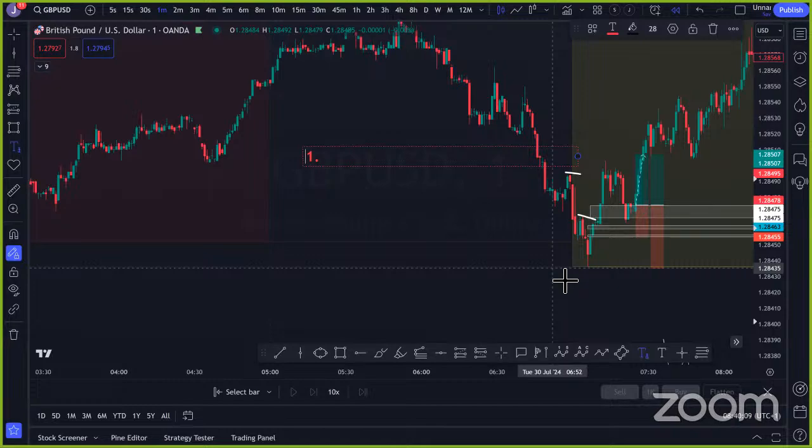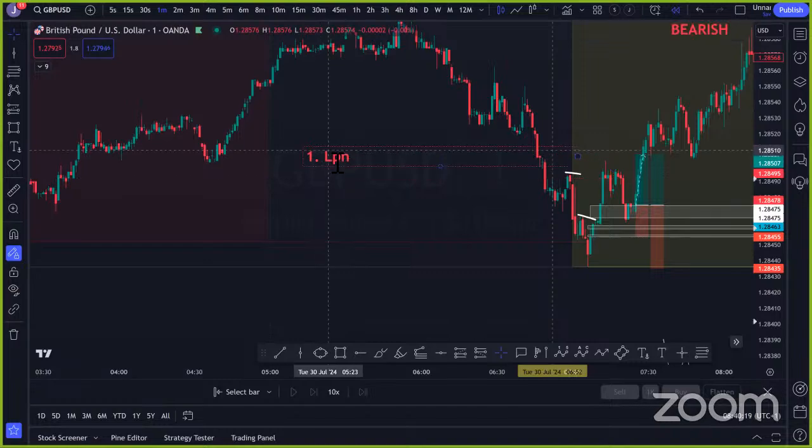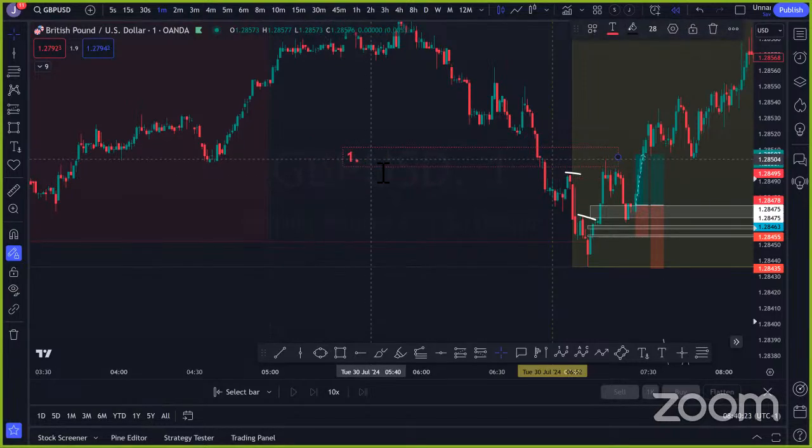1. London Open. Here we go. All right. London. Well, we look. It's our same process, our quick guide. But I'm just trying to quickly draw it out. Overall market direction.